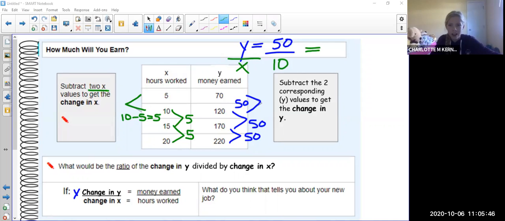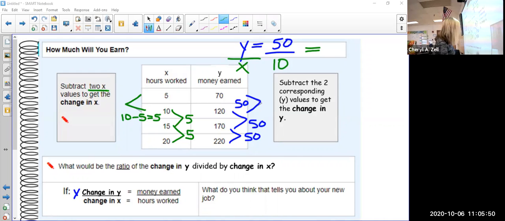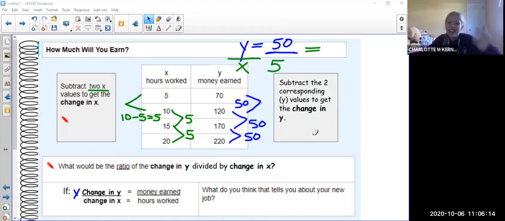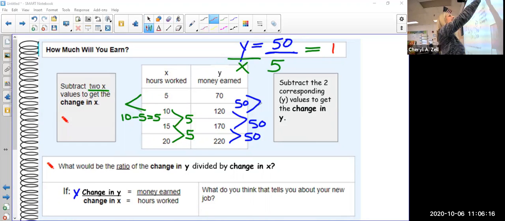How is it 10? 5. I'm sorry. You're right. Thank you. 5. I was already trying to write the answer, which is what? What is the answer, Charlie? 10. Yes, I was already giving you the answer.